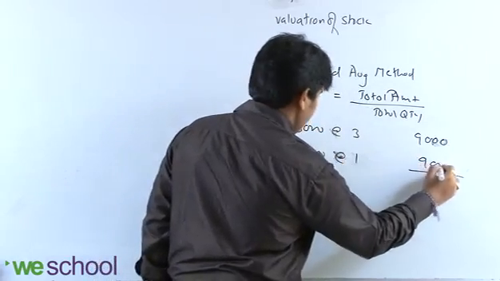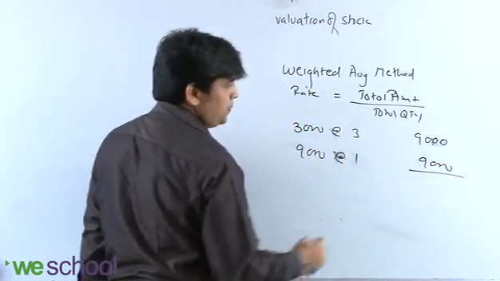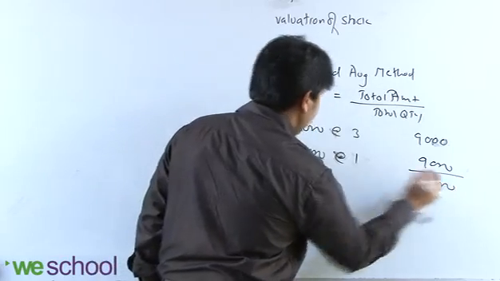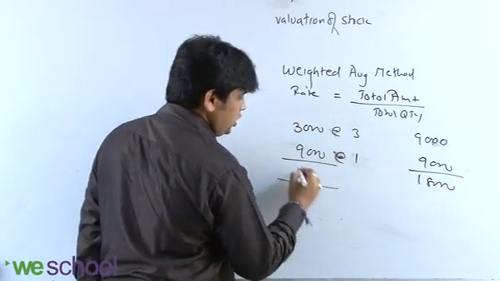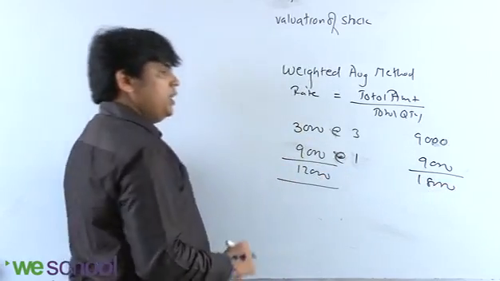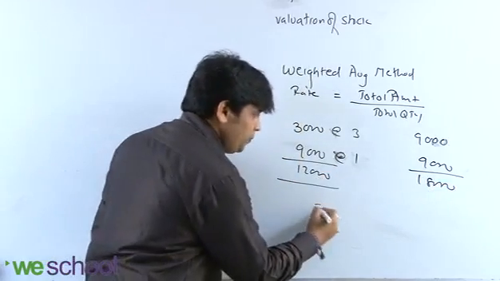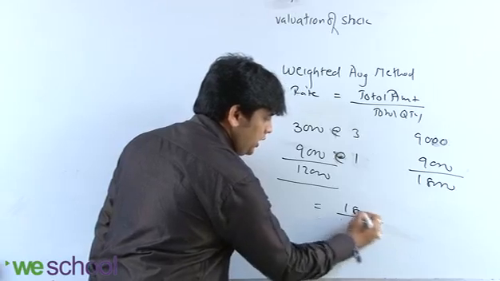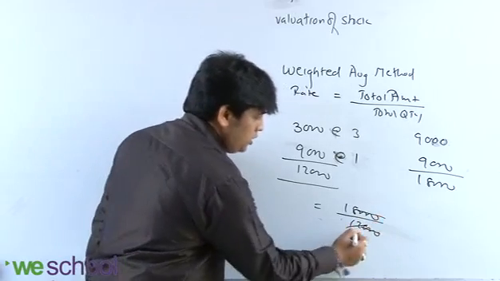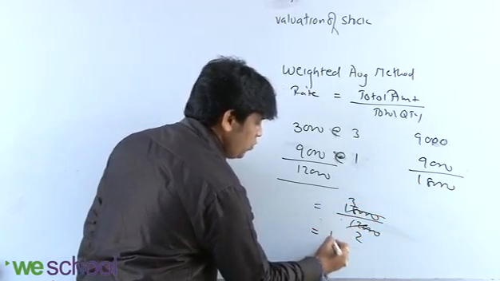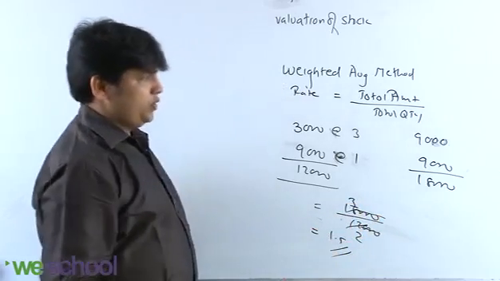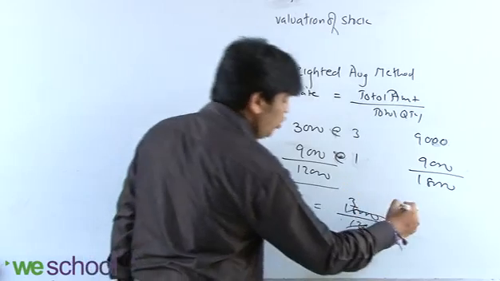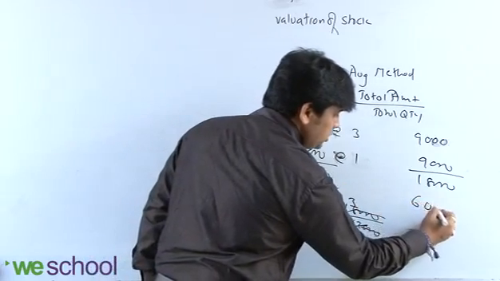So 9,000. That becomes 18,000. Here it is 12,000 units. Now what will be the rate for you? 18,000 divided by 12,000, the zeros cancel. The rate is 1.5. Okay, now out of this I sold 6,000 units.